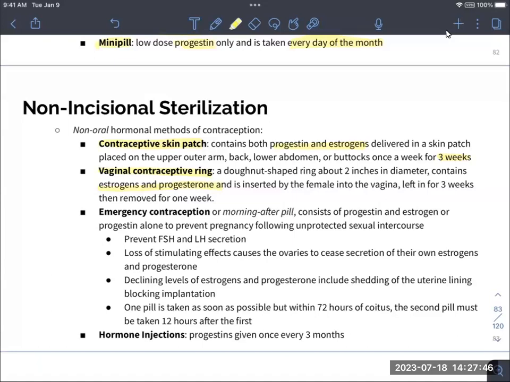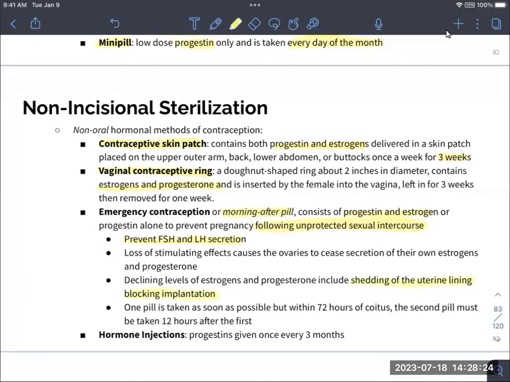That emergency contraception or morning after pill has that progestin and estrogens or progesterone. It is taken following unprotected sexual intercourse, the next day. It prevents that follicle stimulating hormone and that luteinizing hormone from being secreted. It causes those ovaries to stop secreting their own estrogens and progesterone, so it starts to decline, which causes this shedding of the uterine lining.